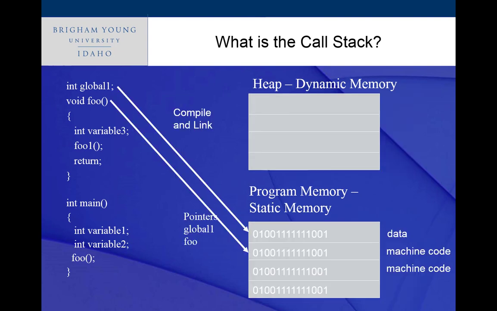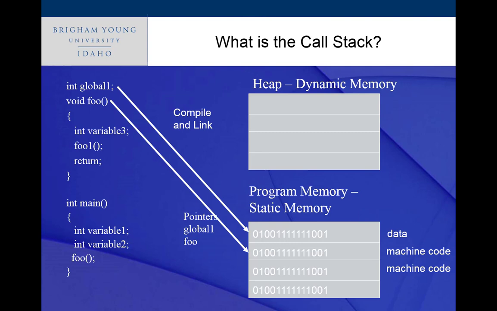So first, during the compile and link phase, this is not during the run phase, but during the compile and link phase, the program is actually translated from our C code into machine code and placed into program memory. And that shouldn't be too disconcerting. But also, interestingly enough, our global variables will also be placed in static memory.